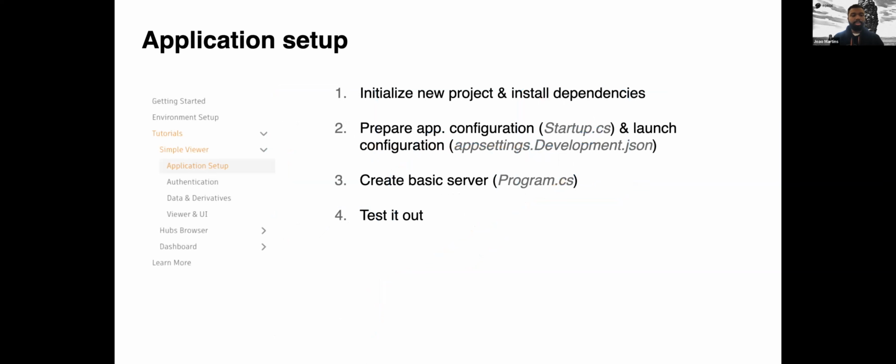All right, now let's talk about the application setup. The first step is to create our app setup. We're going to initialize a new project and install the dependencies. In this case, we only have one dependency on the server side, which is the Forge SDK. And we also need to prepare the app configuration through the startup.cs class and launch our configuration through appsettings.development.json. Here we are going to store our environment variables.